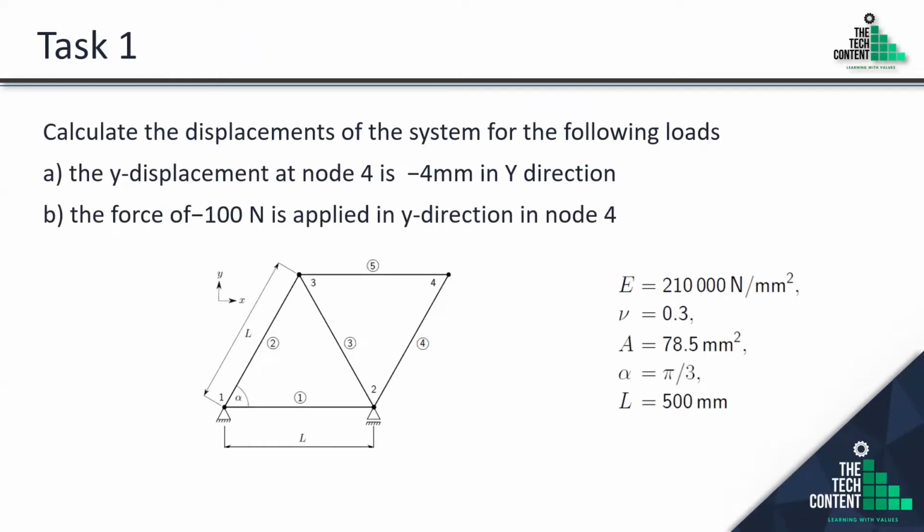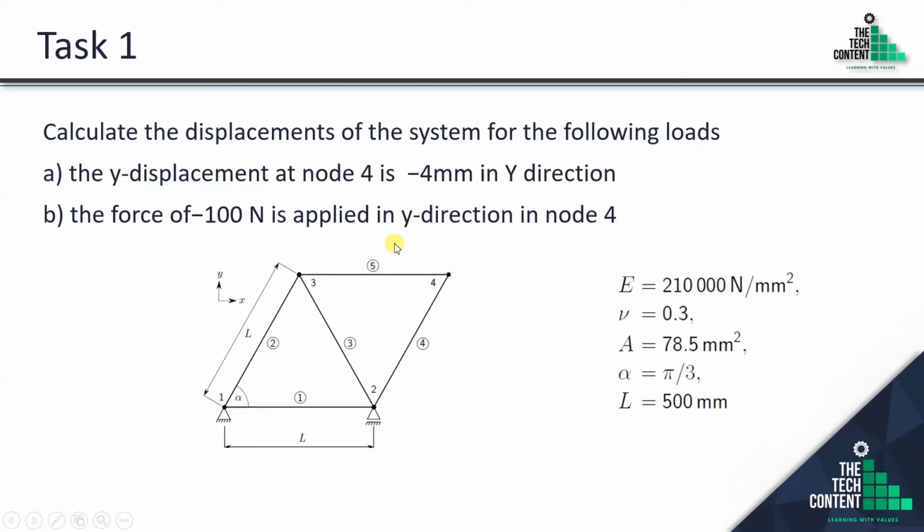So for today's video, we will solve this problem. In this linkage, on the left side, our node is fixed. You can see at point 1, whereas point 2 is allowed to slide in this direction only, meaning in the x direction. In addition to that, it also has a displacement of 4 mm in the negative y direction, like this, you can read here.